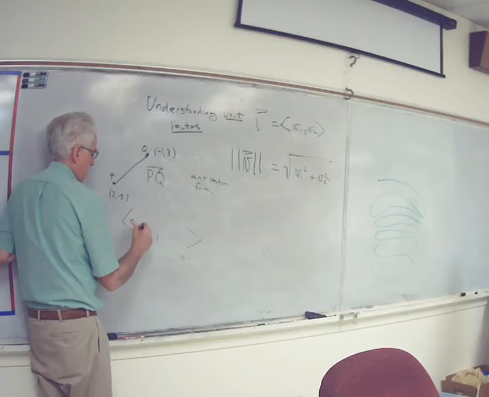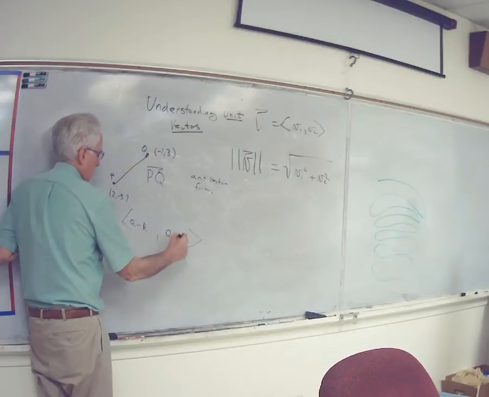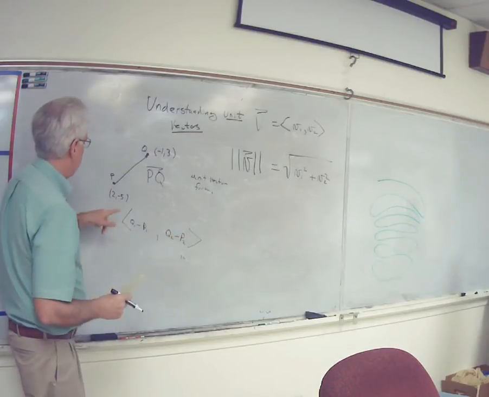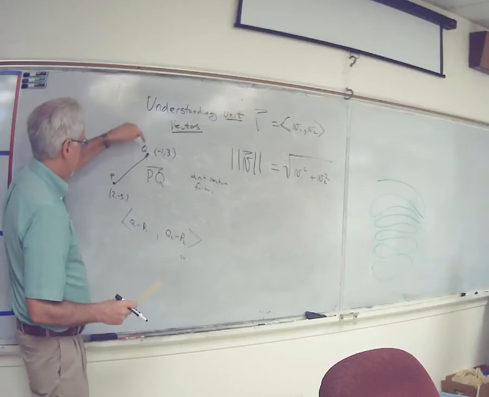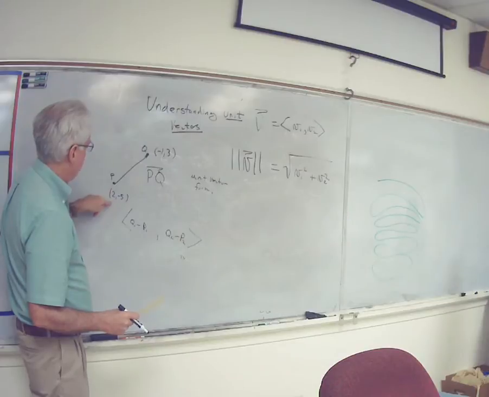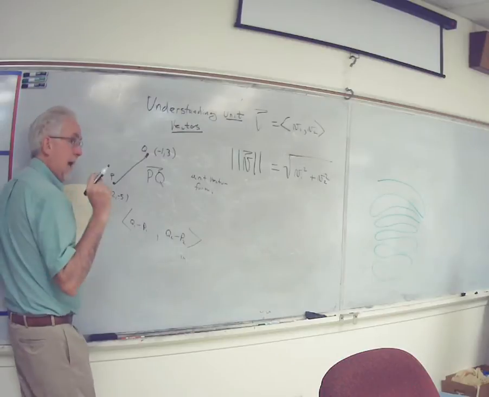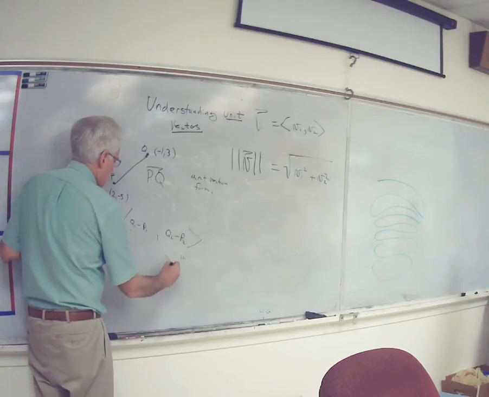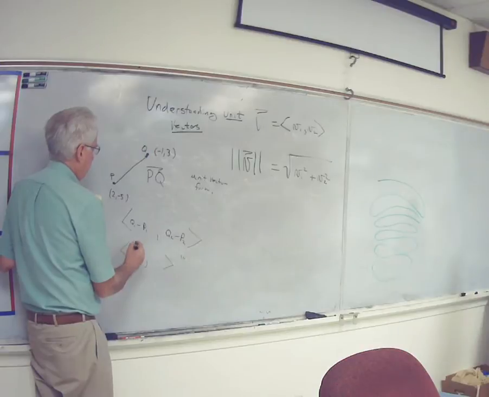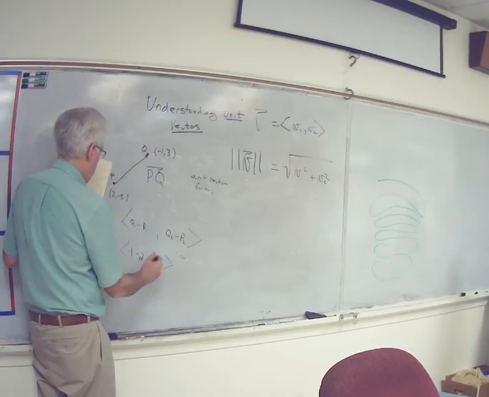Q1 minus P1, Q2 minus P2. Because it's the Q1 minus the P1, comma, and then you do the y's, 3 minus a minus 5. The order matters, so tell me numbers here, Ben. Q1 is negative 1 minus 2, so minus 2, and then 3 minus negative 5.